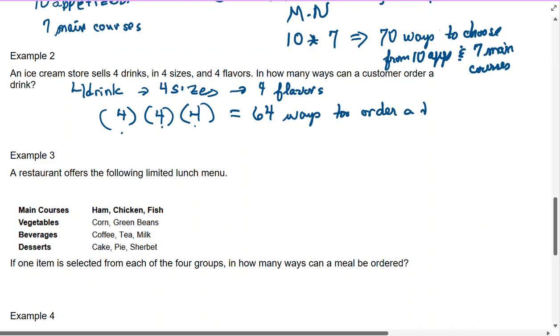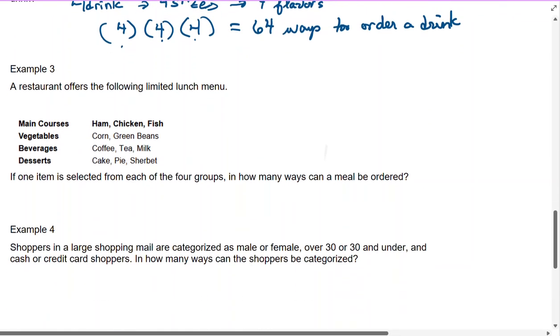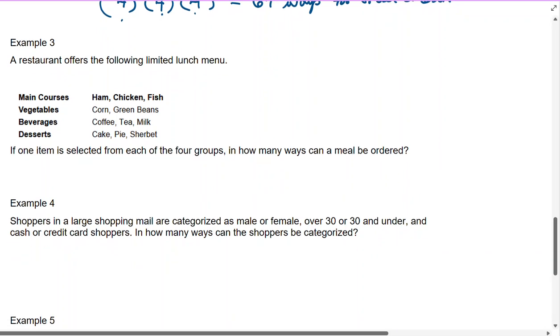So that's 3 choices as well. If an item is taken from each of the 4 groups, in how many ways can a meal be ordered? So we have the 3 times the 2 times the 3 times the 3. Well, this is 6. Now we have 54 ways a meal can be ordered.